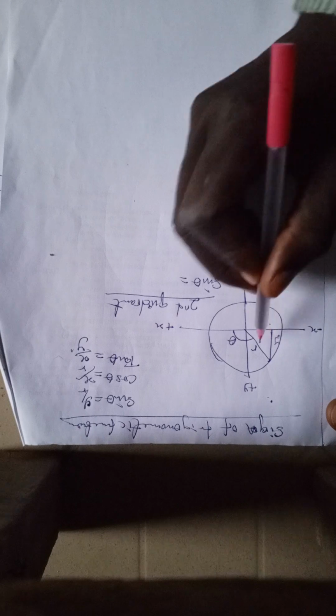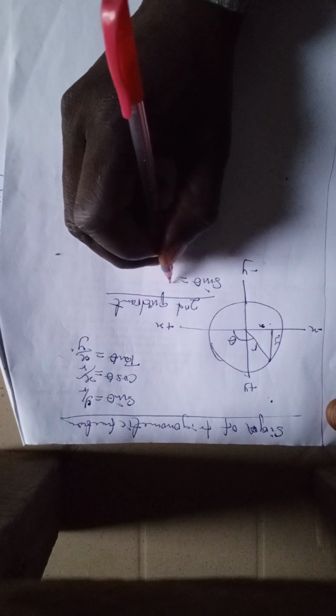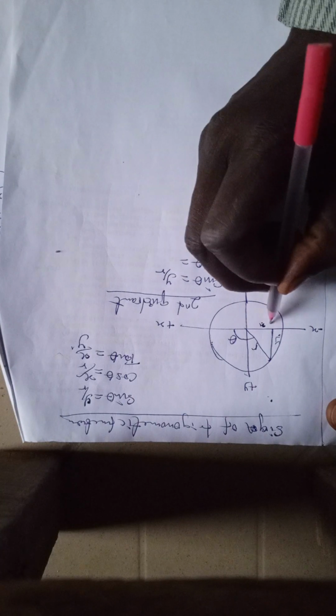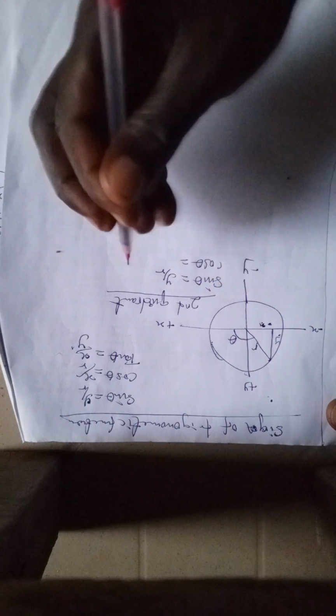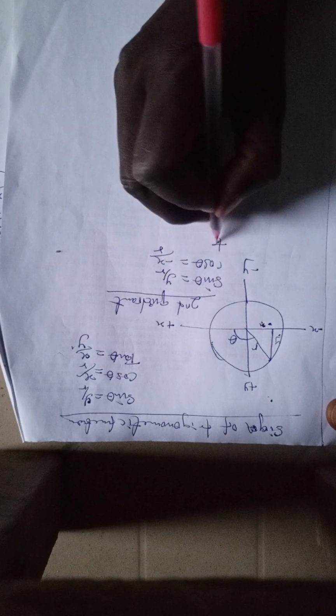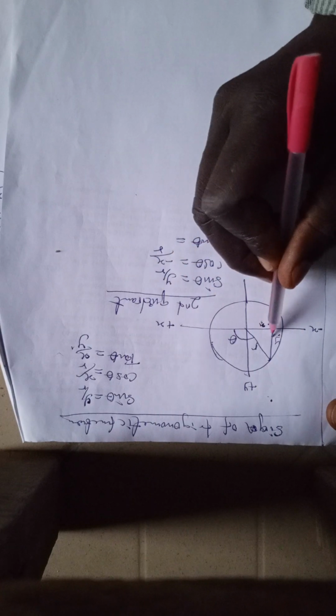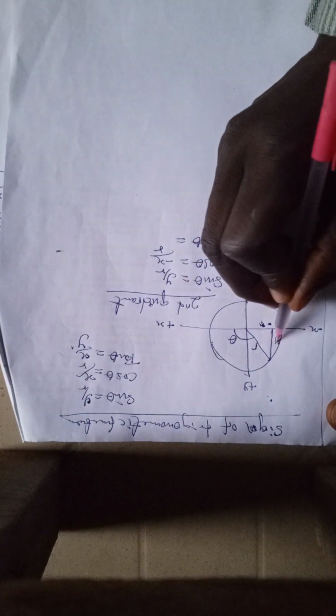In the second quadrant, sine theta is equal to opposite over hypotenuse, which is y over r. Cos theta is adjacent over hypotenuse, but x is negative, so that's minus x over r. Tan theta is opposite over adjacent; the opposite is y, so we have y over minus x, which is minus y over x.